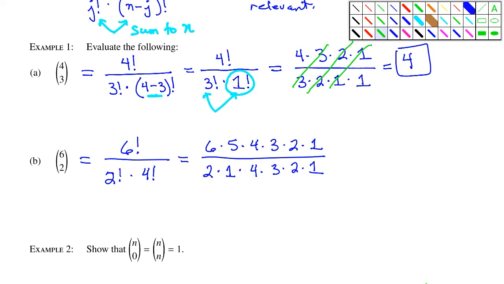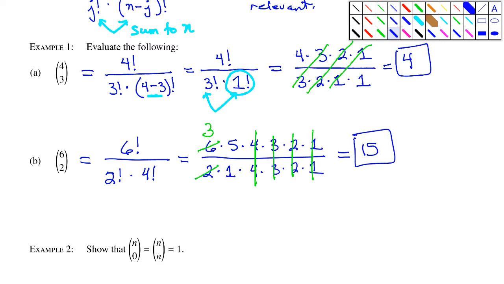Let's go ahead and cancel 4's, 3's, 2's, and 1's. And then we can cancel a little bit over here. The 2 and the 6 reduce down to 3. So we get 3 times 5, which is 15. So 6 choose 2 is 15.